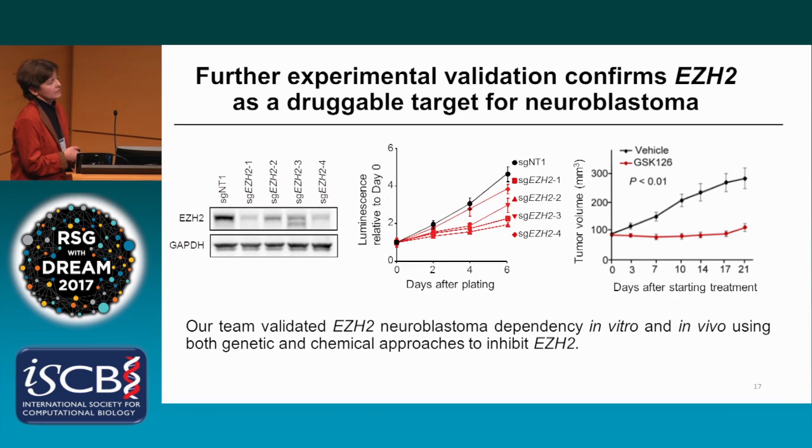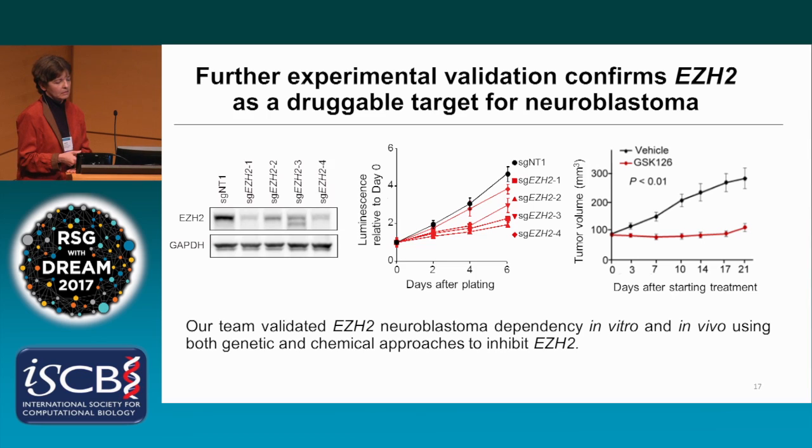And the Stegmaier lab group, which is the main collaborator for the study, did a very comprehensive experimental validation. Here we show just a few glimpses which support the EZH2 neuroblastoma dependency in vivo and in vitro, with both genetic and chemical approaches, using sgRNA guides.